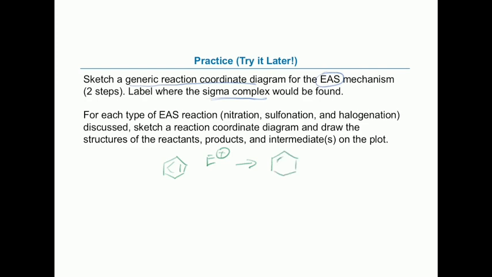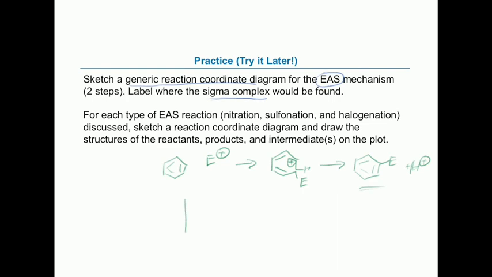This is where we've temporarily broken aromaticity, so you can show it as a delocalized complex. I'm going to show it as explicit, where we have our cationic center, hydrogen, and your electrophile. So cationic center adjacent to where the electrophile has been added. And then we lose our proton, regenerating the aromatic compound with the electrophile and the proton.